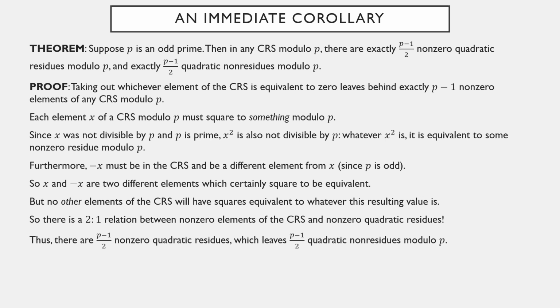Well, if there were p-1 total non-zero elements in the complete residue system, and half of them are quadratic residues, then the other half must be quadratic non-residues. In other words, working modulo p, once you set aside the element which is equivalent to 0, as long as p is an odd prime, half of what remains in a complete residue system are quadratic residues and half are not.